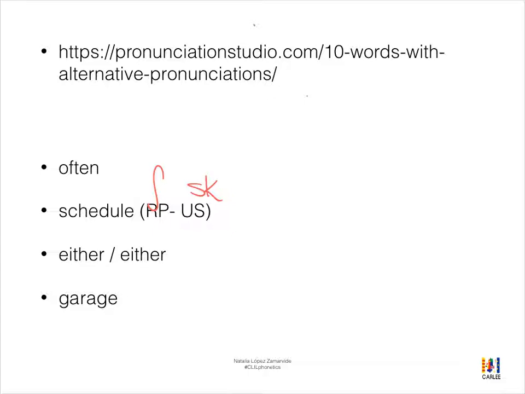And then you have, for example, this word of French origin. So some people decide to keep the French origin, and they say garage, okay? However, most of these words that originally came from French are pronounced with this ending, so garage. Yeah.